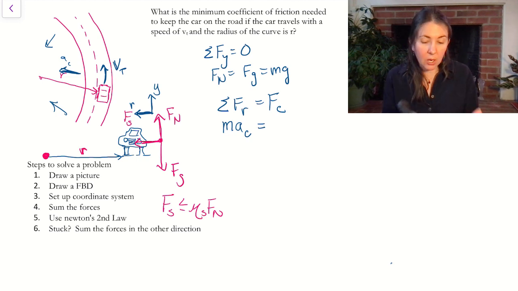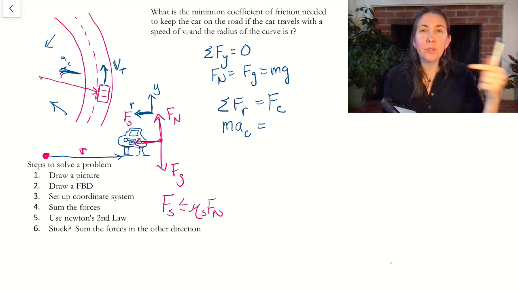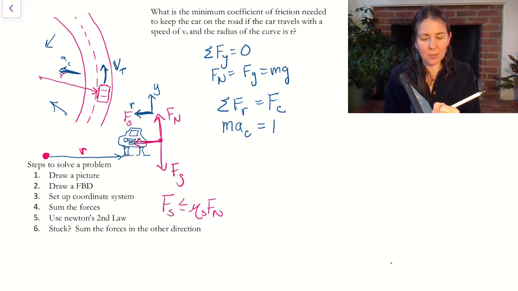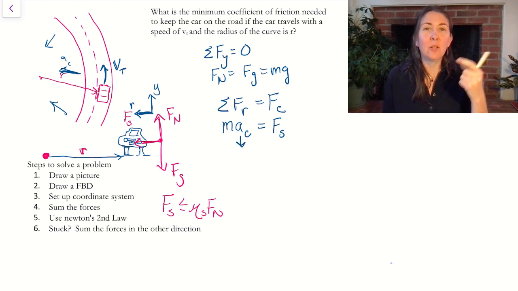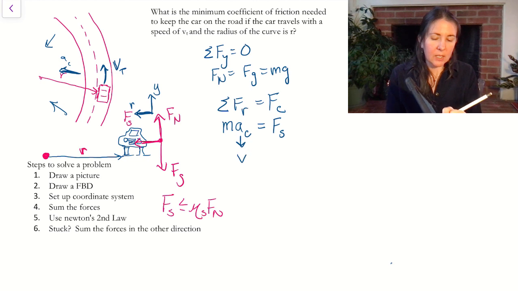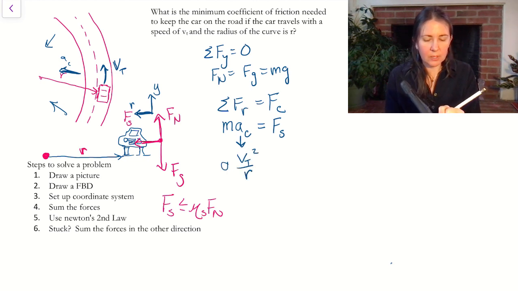That's Newton's second law. And then the only force that acts into or out of the circle is going to be that force of friction. The linking equation that we have for centripetal acceleration to velocity is Vt squared over r is our acceleration.